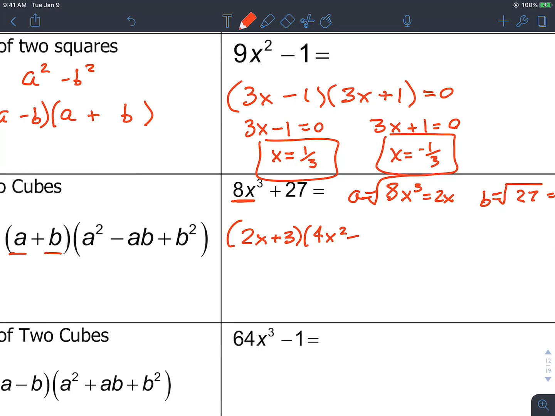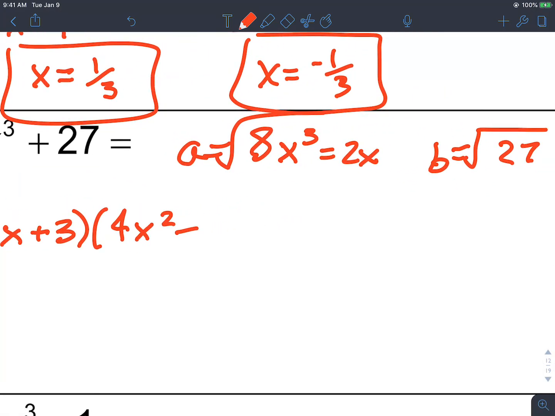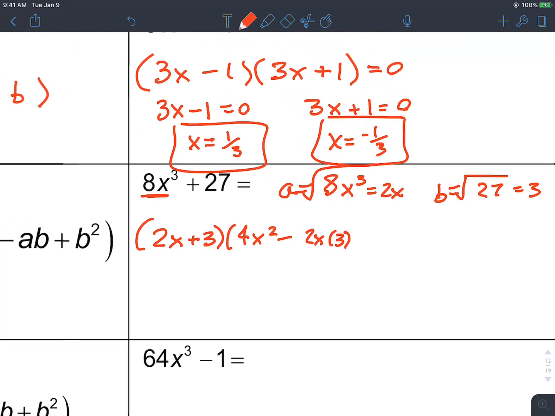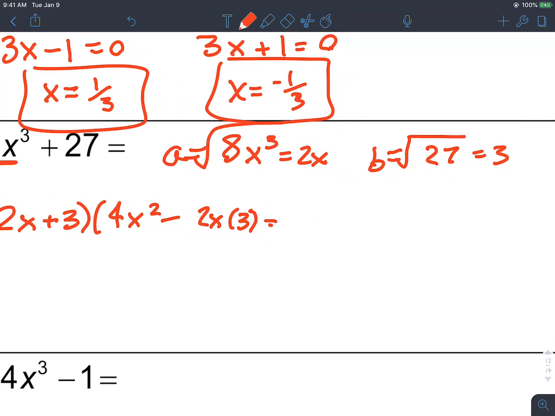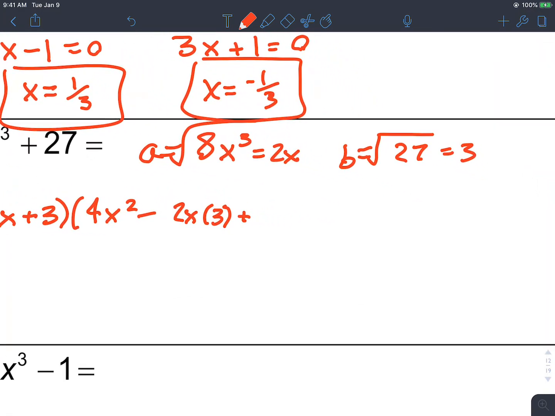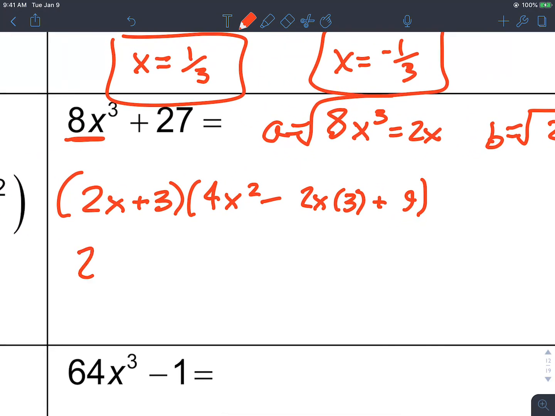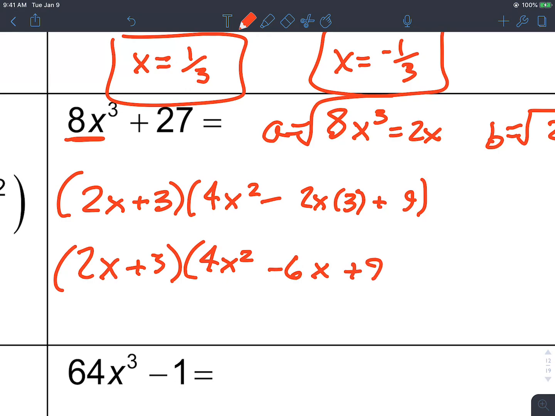Then minus a times b, so minus 2x times 3. And the last thing is plus b squared, which is 3 squared, or 9. Typically we'll want to clean this up: 4x squared minus 6x plus 9.